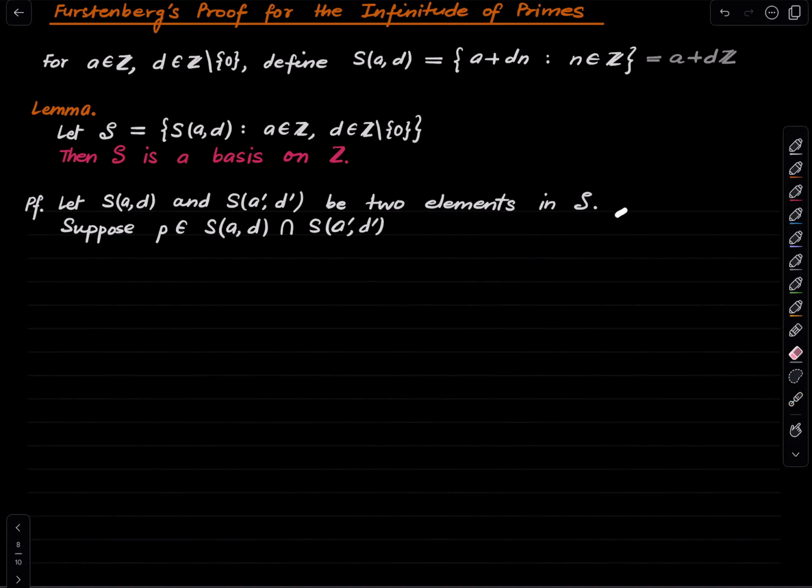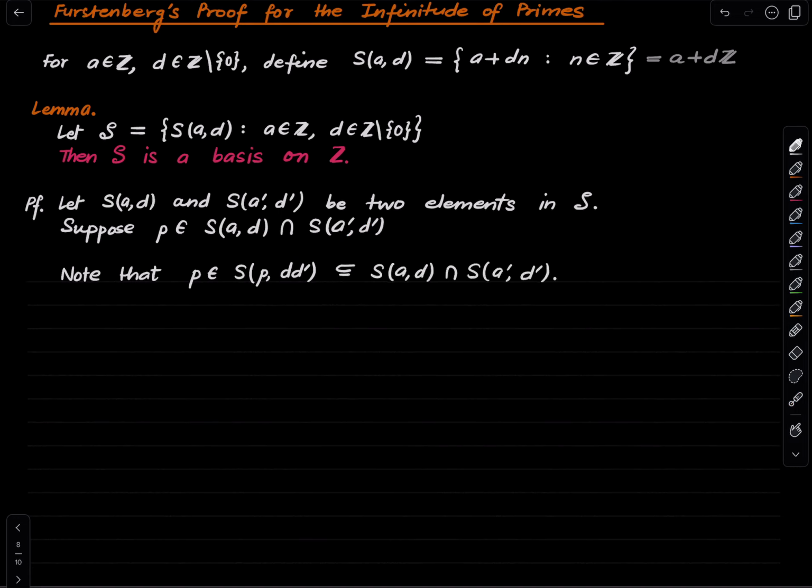So just consider, note that P belongs to the arithmetic progression starting at P with the step sizes being the product of the step sizes here. Okay, and just note that this is contained in both of them, right?